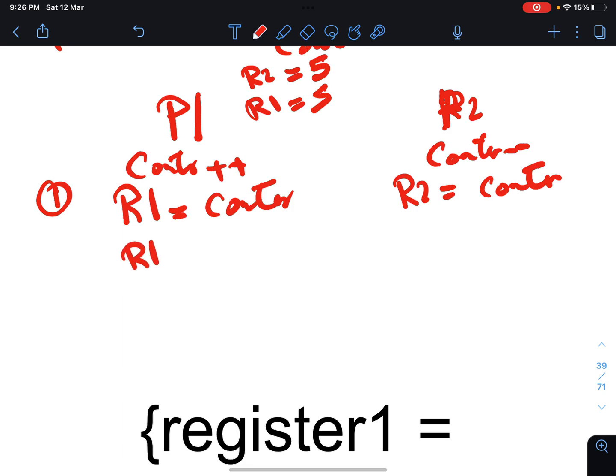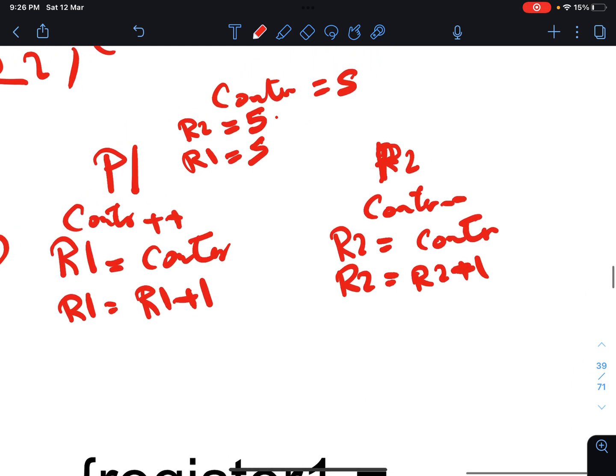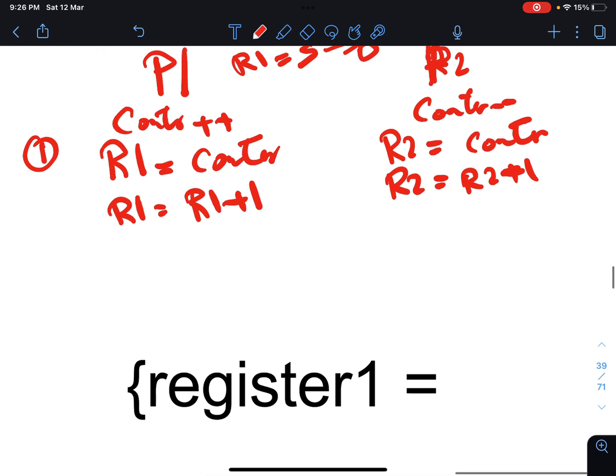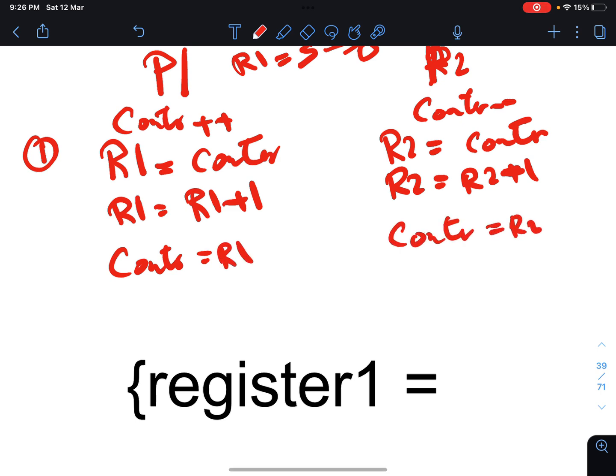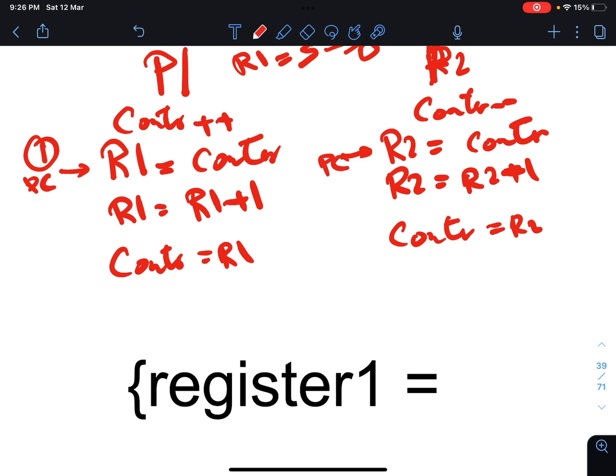Here, register 1 equal register 1 plus 1. Register 2 equal register 2 minus 1. So here, register 2 became 4, while register 1 became 6. Then you say here counter equal R1, and here counter equal R2. See, the PC, the program counter, is moving so that here is the PC, here is the other PC for the other process, so that they come here together.